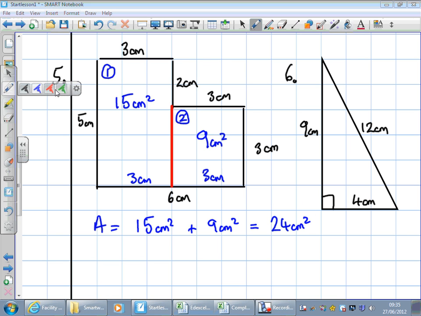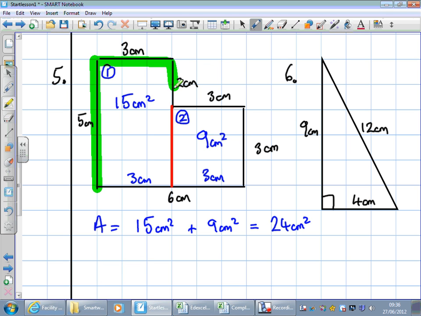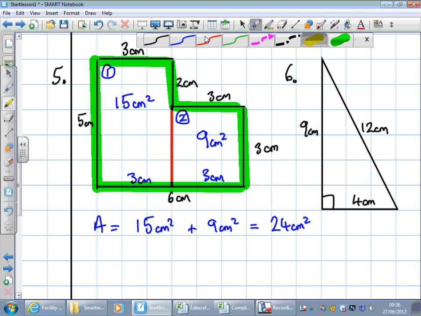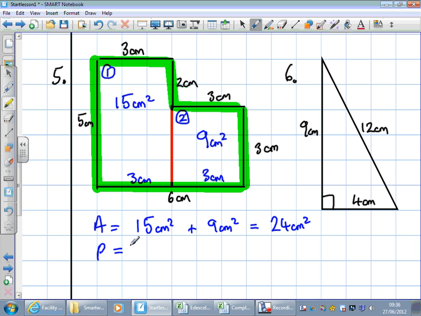Sit up, Kevin. Now we're going to work out the perimeter. 5 centimeters, add 3 is 8, add 2 is 10, add 3, 13, 16, add 6. The perimeter is 16 centimeters. Who got both those parts right in the audience? 24 for the area, 16, well done.